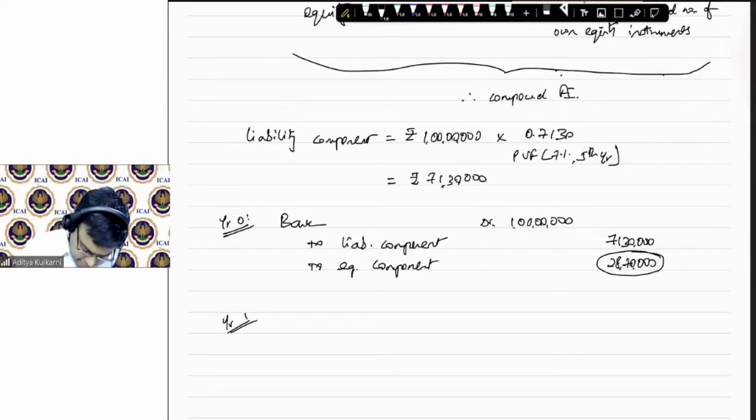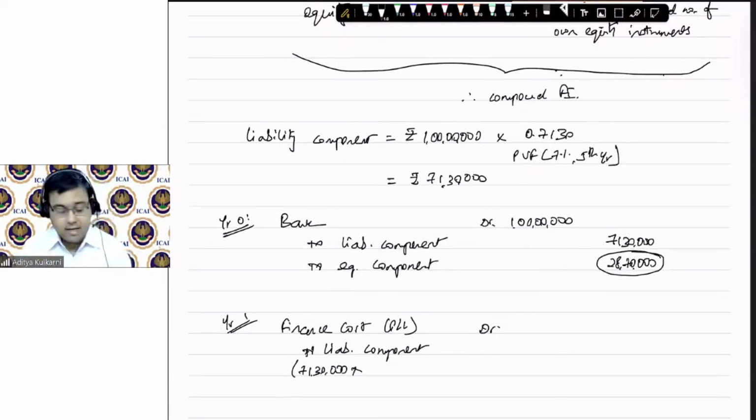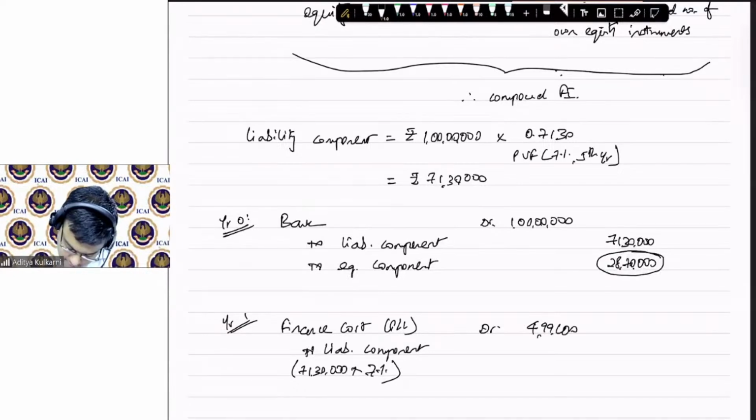So I will be having finance cost, P&L debit, to liability component. 71,30,000 into how much? 7%. ₹4,99,100.